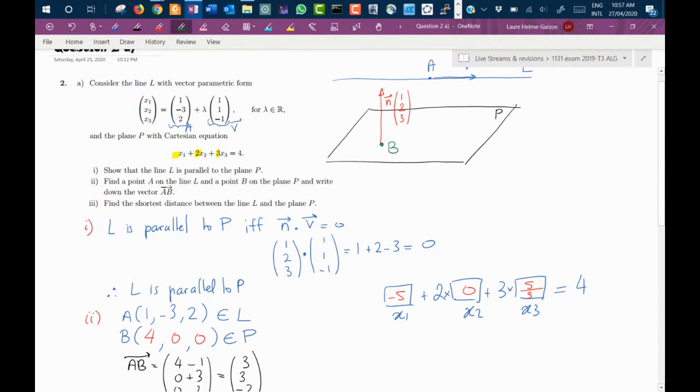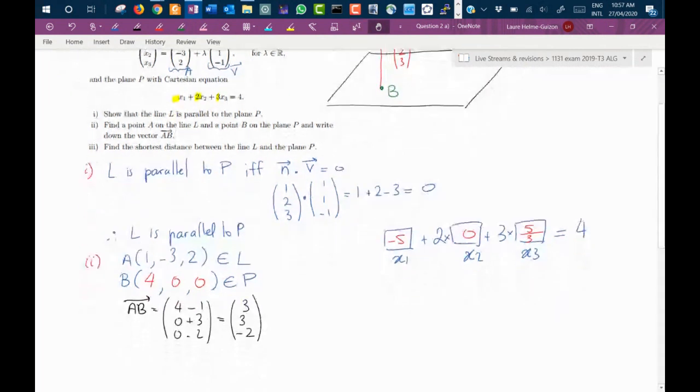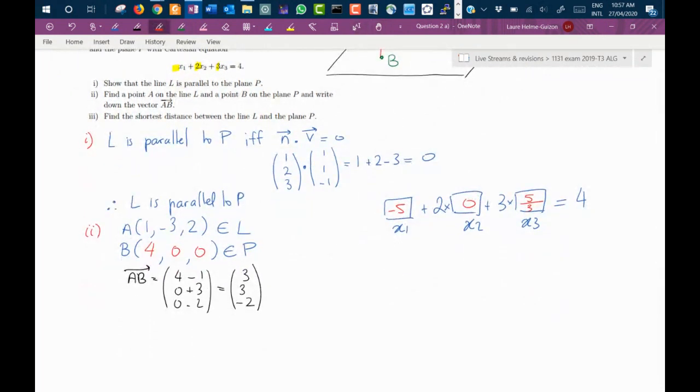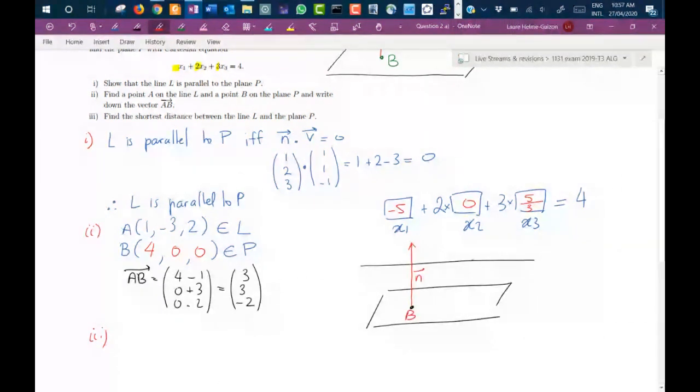What happens next? Find the shortest distance between the line and the plane. Okay, so what do I know? I have my plane, I have my line. I said I had my point B. I can draw my normal vector there. So that's my point B, and I have a point A on the plane.